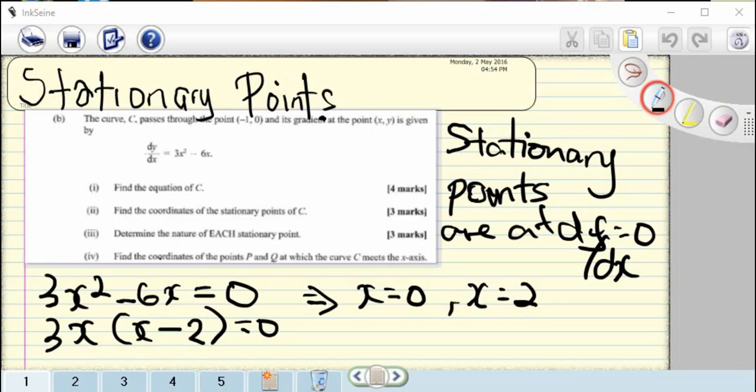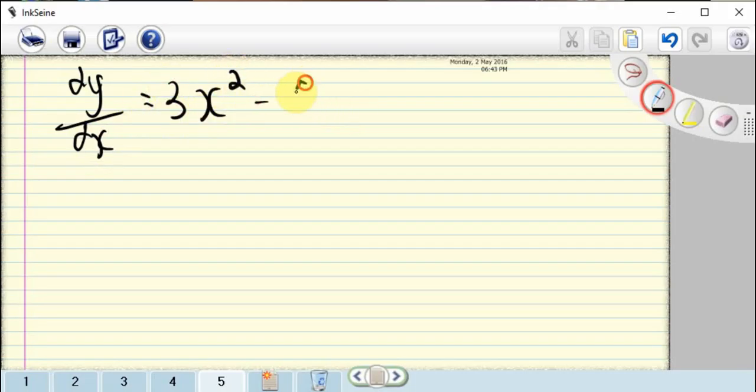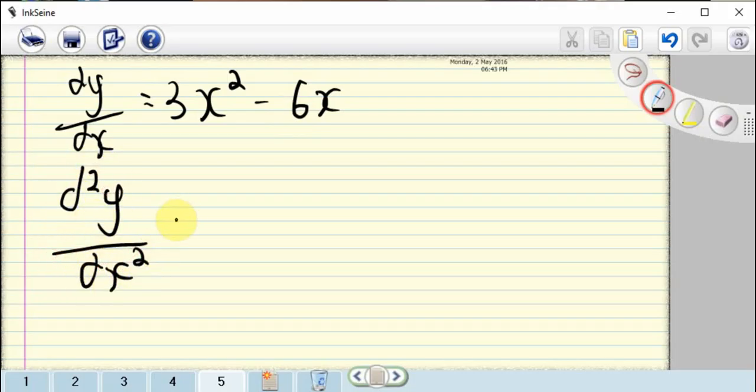Alright, so let us go ahead and find our second derivative. So remember, dy by dx is 3x squared minus 6x. So d squared y by dx squared is going to be 6x minus 6.